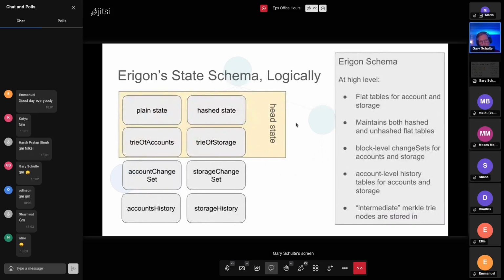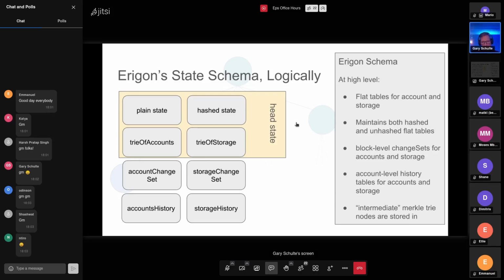Logically, the Aragon state schema is, as I said, the head state is made up of 4 tables, as I understand it. The plain state, that's the flat DB in plain unhashed keys. The hashed state, which is the same thing but with hashed keys. And there's a tree of accounts and a tree of storage.